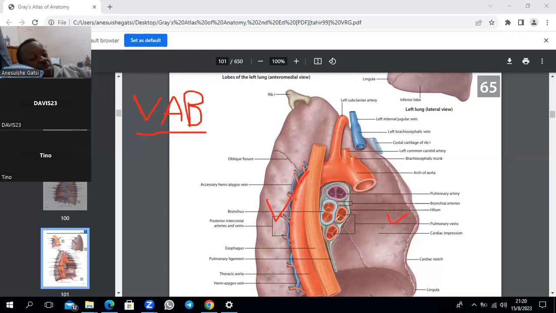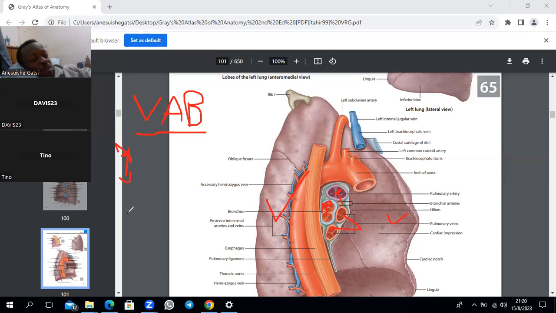You start by seeing the pulmonary veins. I think this diagram tells you here. Then you see the artery, where I'm putting the X. Then more posteriorly, you see the bronchi, where I'm putting the B there. That's almost always the case for right lung and left lung. The relationship of these structures from anterior going posterior is always going to be vein, artery, bronchus. The only difference starts when you're looking at their arrangement from above downwards.